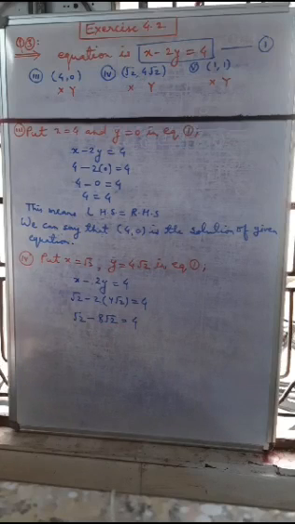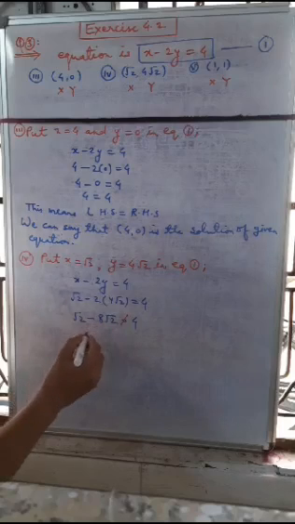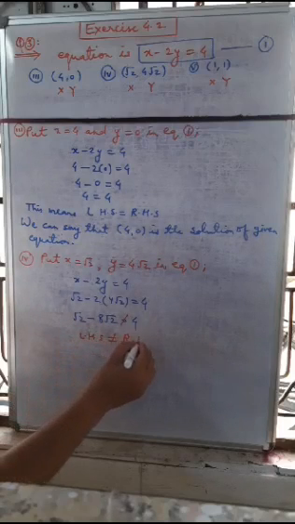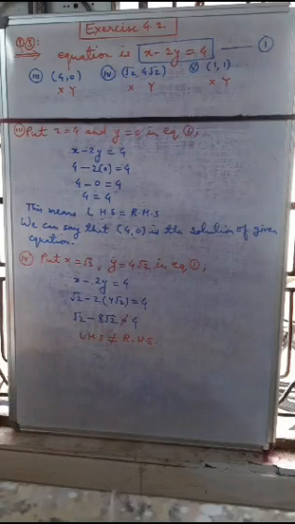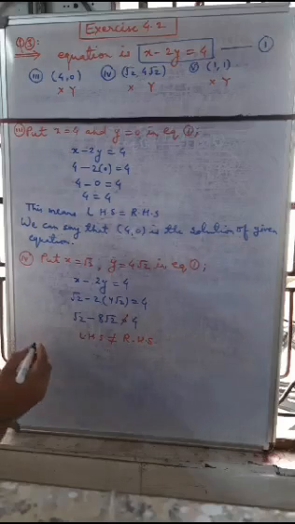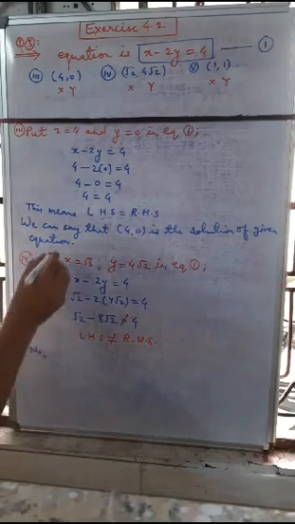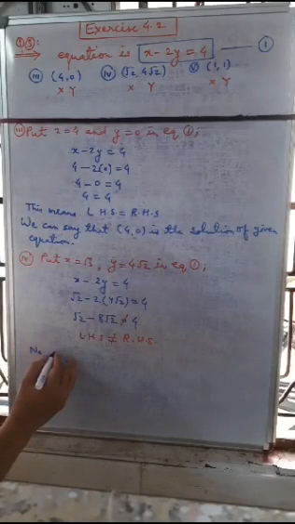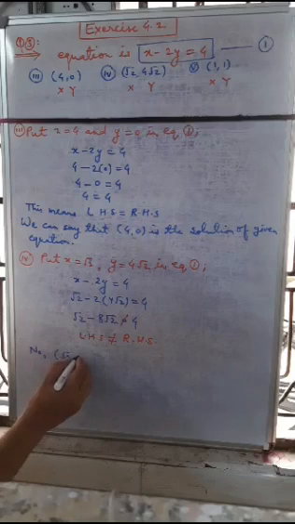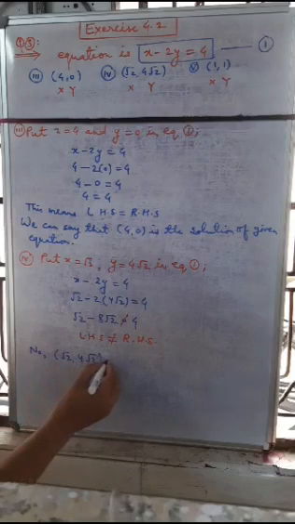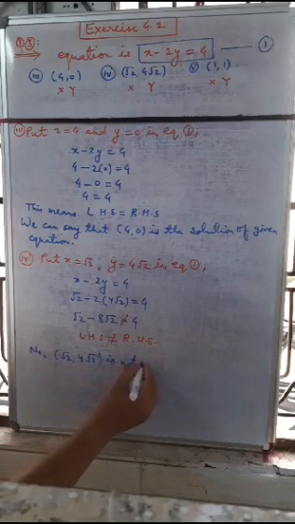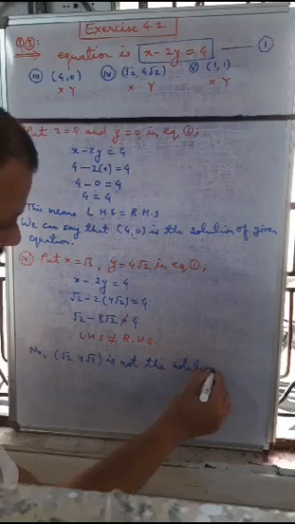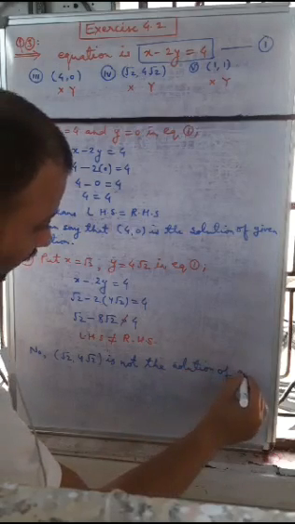It is not possible. So we can say that left hand side does not equal right hand side. So we write here no. The given point, root 2, 4 root 2, is not a solution of the given equation.